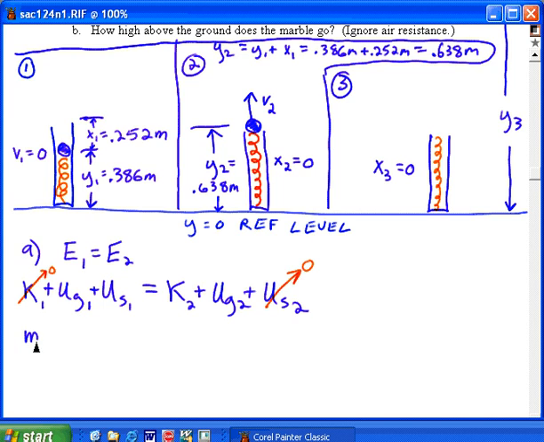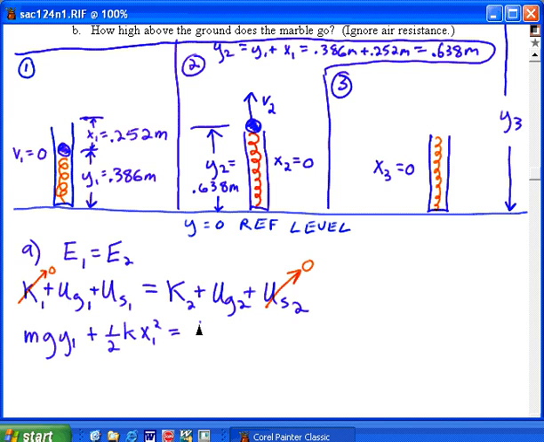The potential energy associated with the gravitational force is mg times the height, which in picture number 1 is y1. And the spring potential energy is 1/2 the spring constant k times the amount of stretch or compression squared, which in this case is going to be x1 squared.